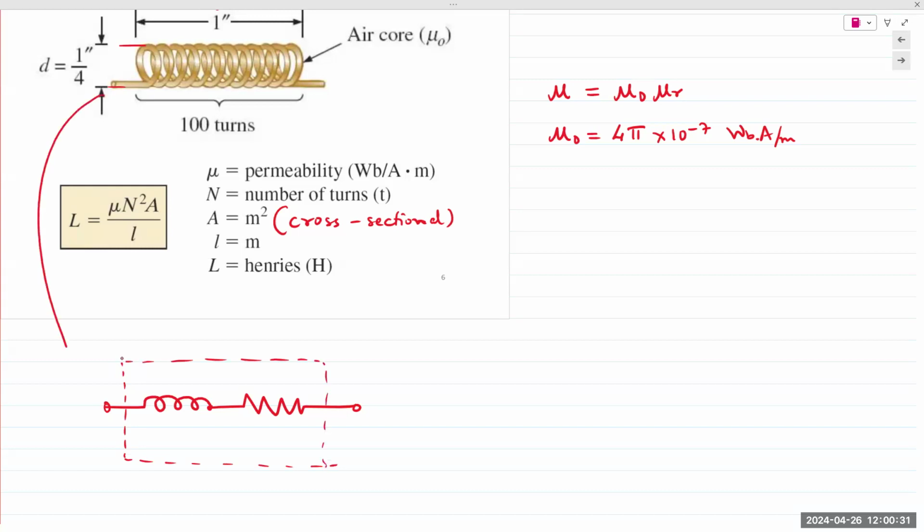So we cannot separate out this resistor. It is part of that inductor itself, but electrically and mathematically, we represent it as a resistor in series with that inductor. So inductor L will have some value and will have an inductor resistance associated with it. We call this the inductor resistance.